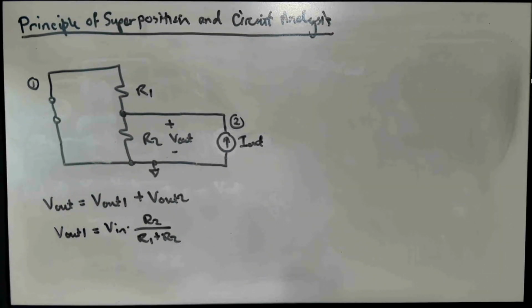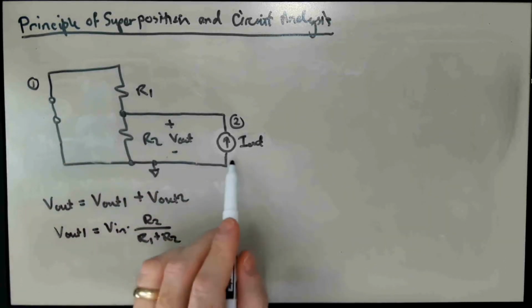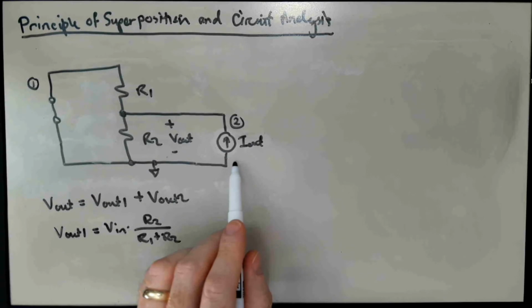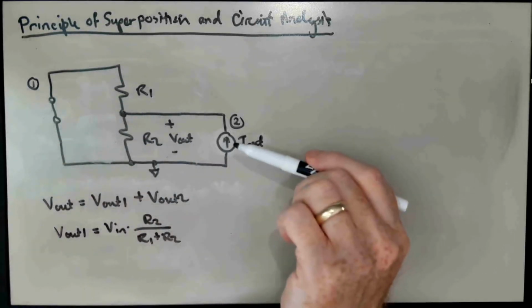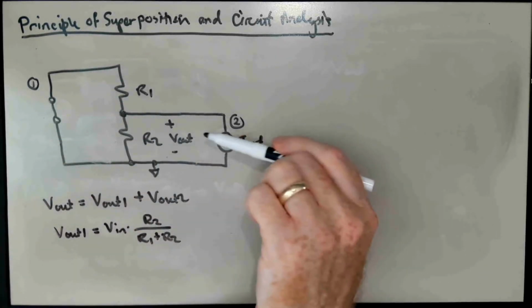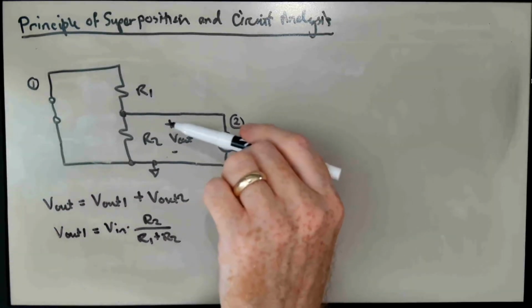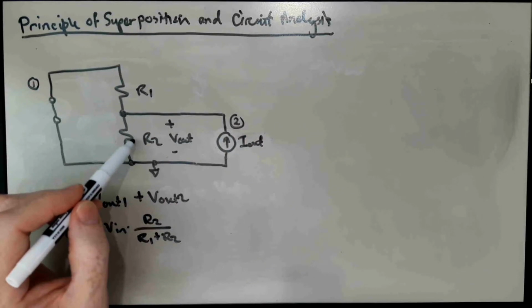And now we're interested in what is the value of V out due to the current source I out. Well, this is an easy enough thing to see, because here we have, from the vantage point of our I out current source, we look in here, and actually we see R1 and R2 in parallel with each other.